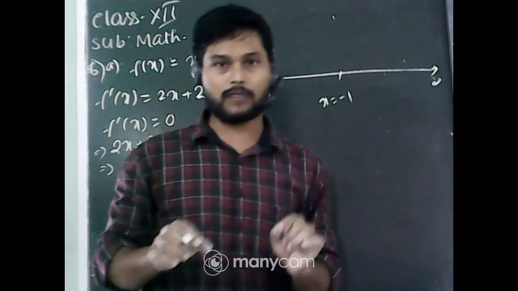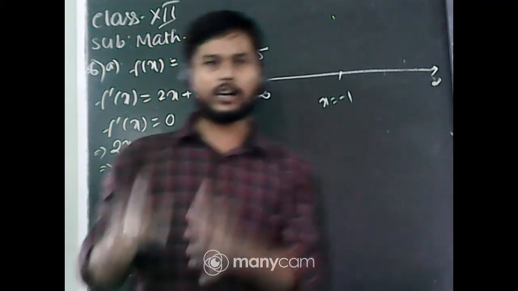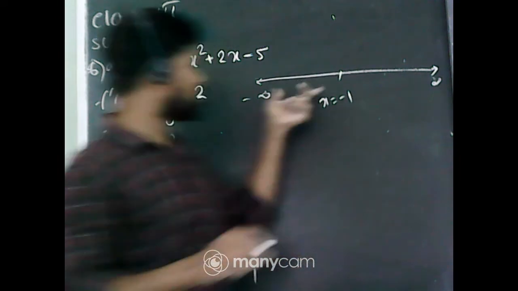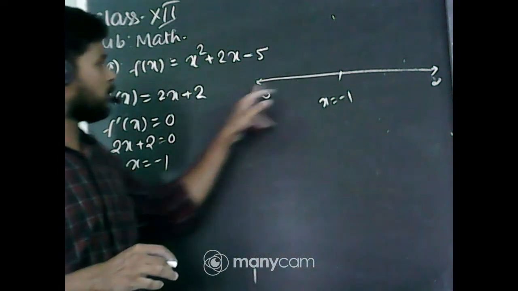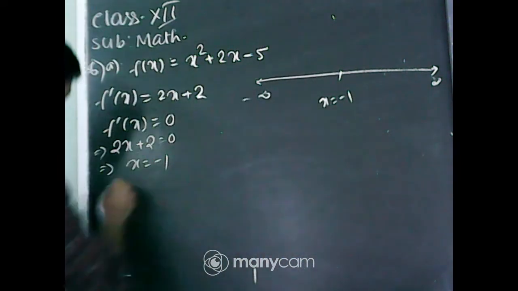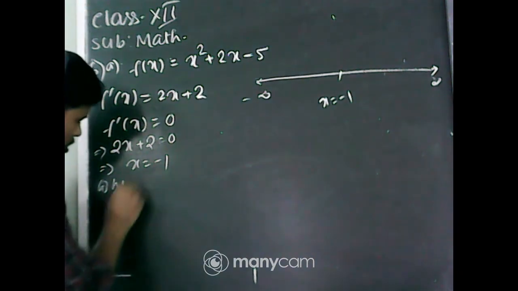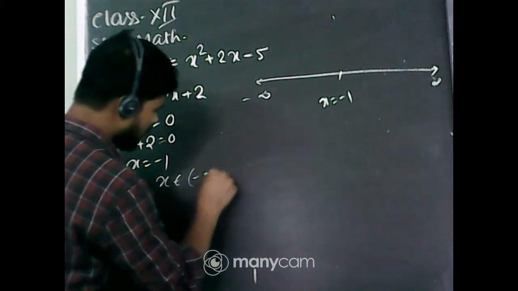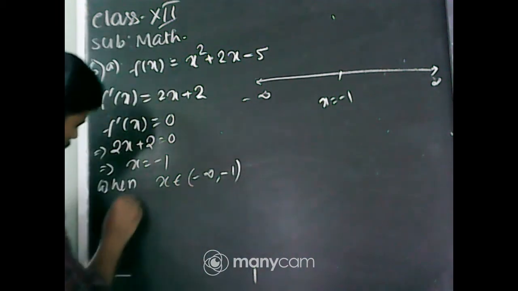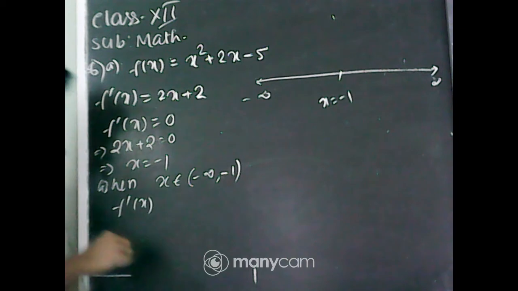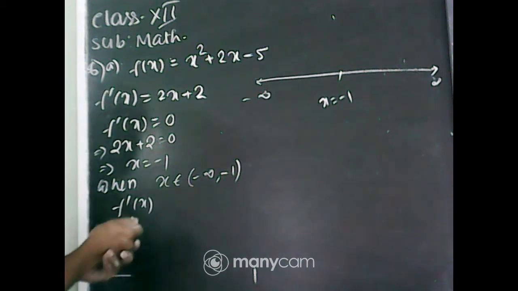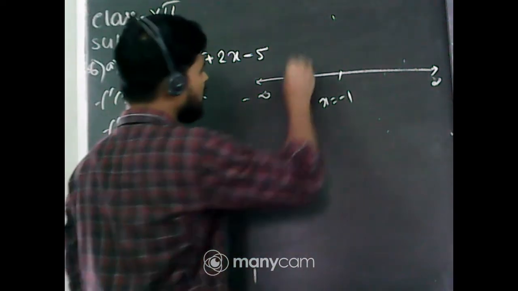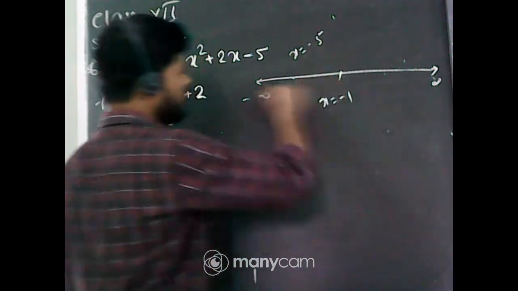So we have to check whether the function is increasing or decreasing between these two intervals. Okay, so we are starting from the first interval. The interval is minus infinity to minus 1. So when x belongs to minus infinity to minus 1, then what is the value of f dot x, whether it is greater than 0 or less than 0. So we can check it by taking any arbitrary point. Suppose let x is equal to minus 5 is a point in this interval.